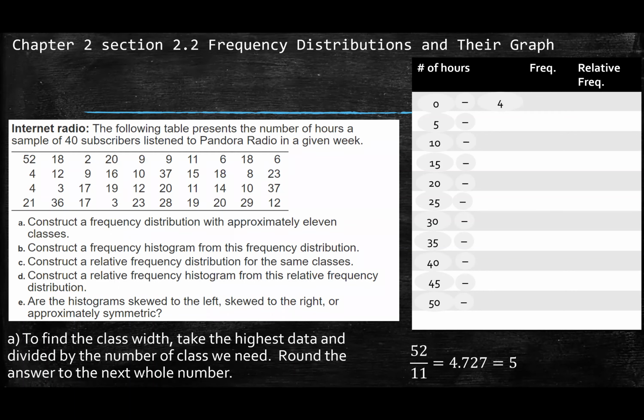So because it's the number of hours, it's a discrete item rather than a continuous item. Everybody see that? Okay. So again, if it's a discrete item, your endpoint will go to 5, which is the next whole number below 5.